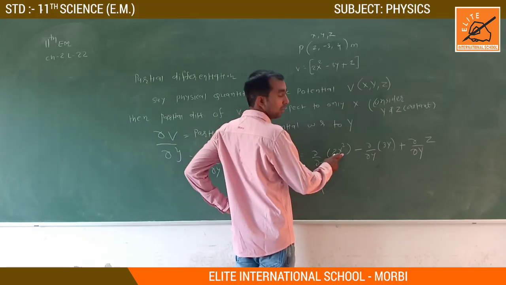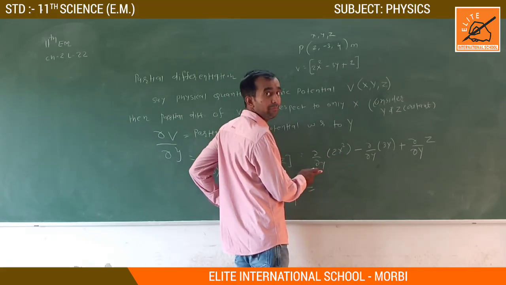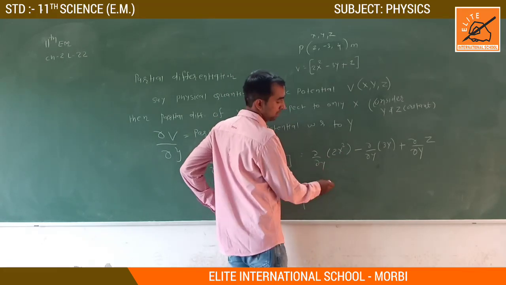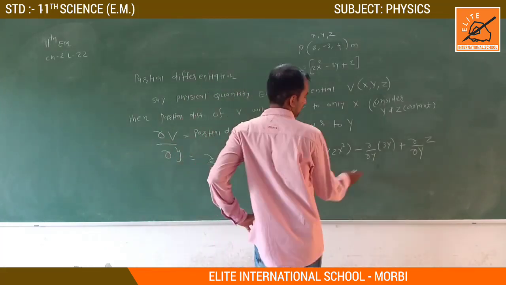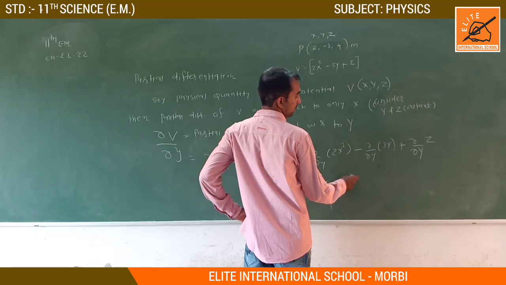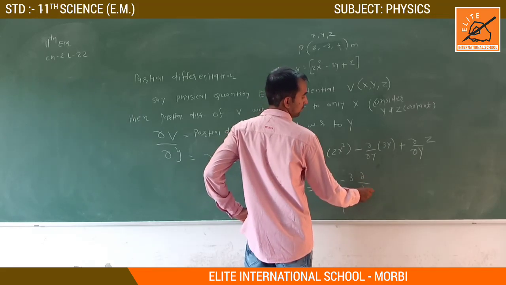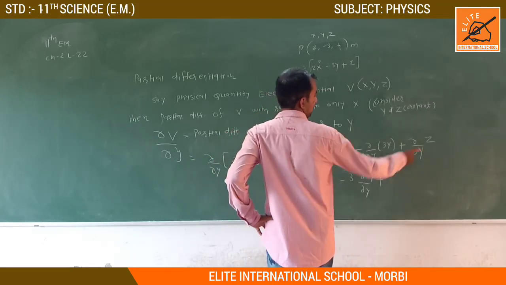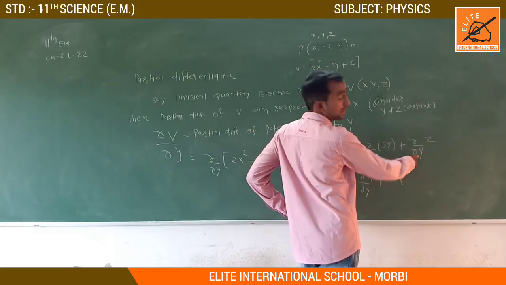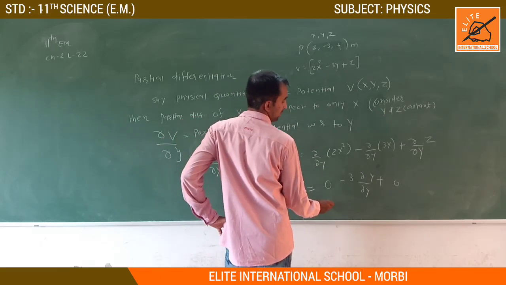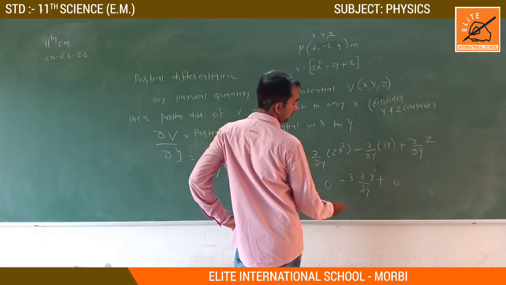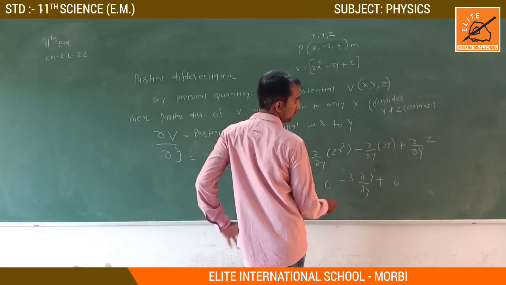x will never change with respect to y. It is constant, so the answer is 0. Yes, minus 3 outside, plus z will never change with respect to y, answer is 0. Minus 3 y to the power 1 into y to the power 0, meaning 1.